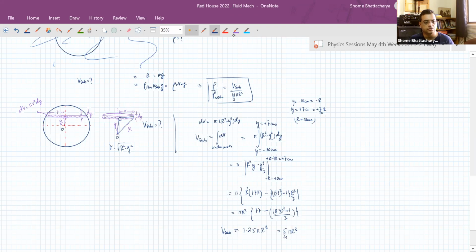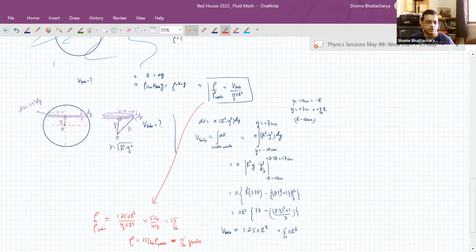So this ratio from above you can see becomes, so density becomes, okay. So that's another type of question, as I told you.